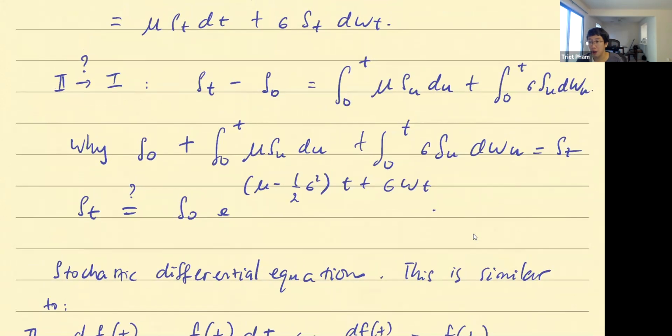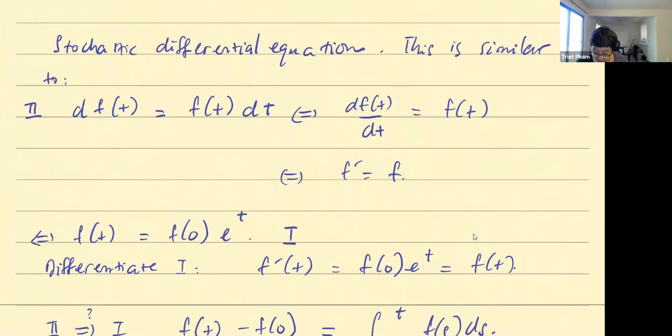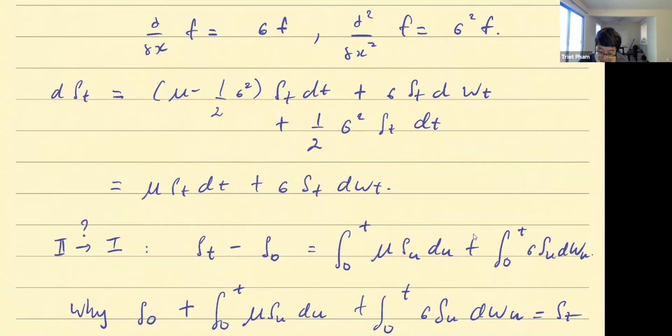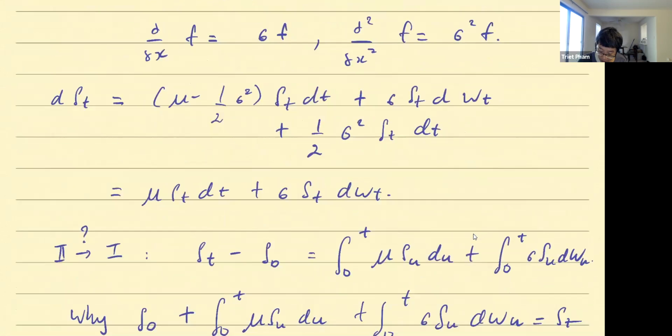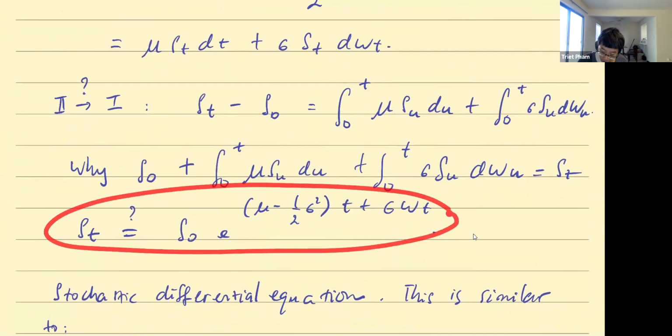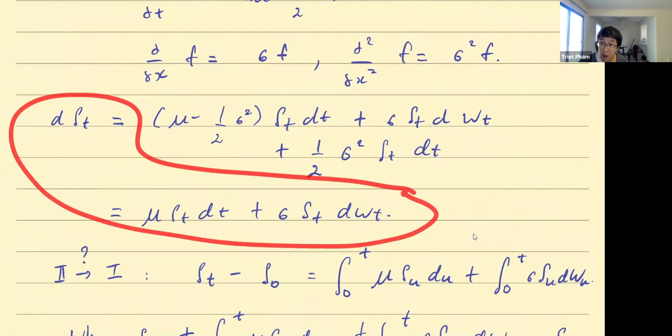Of course, a differential equation requires some techniques to solve. It takes some steps to show that if you're faced with this equation, you would get the solution to be this. Same thing here. By applying Ito's formula, we do verify that if ST has this formula, then it exactly satisfies this equation.